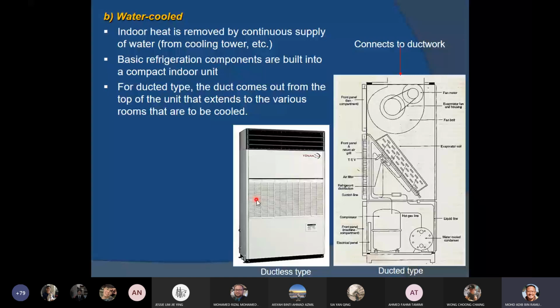Maybe you have a closet or something, you can place this air conditioning unit inside the house. Right, so it can look nicer because you don't see a bulky aircon equipment outside the house. Okay, but there are pros and cons in this system.